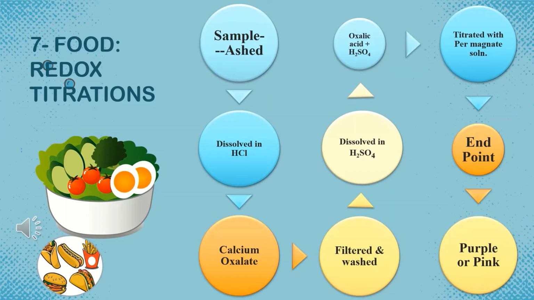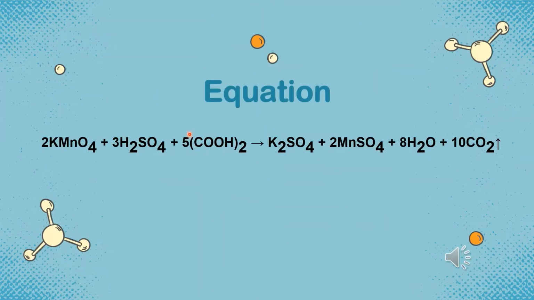Okay, so here is the reaction that occurs. In this reaction, Mn in KMnO4 is present in the +7 oxidation state, and its oxidation state changes to +2. So it is reduced by gaining electrons, and carbon in oxalic acid has an oxidation state of +3, and it changes to +4 in carbon dioxide by losing 1 electron.